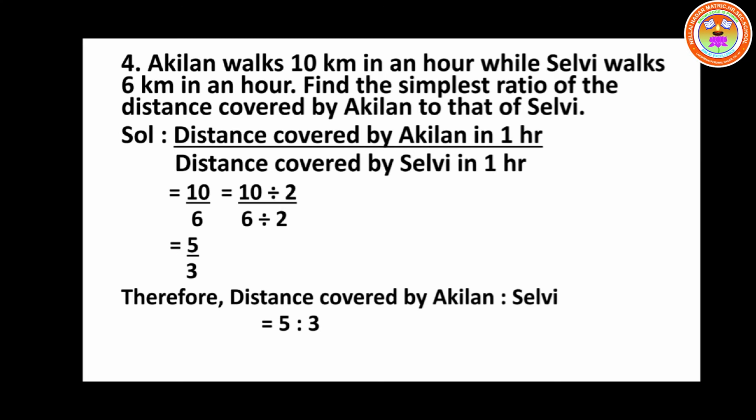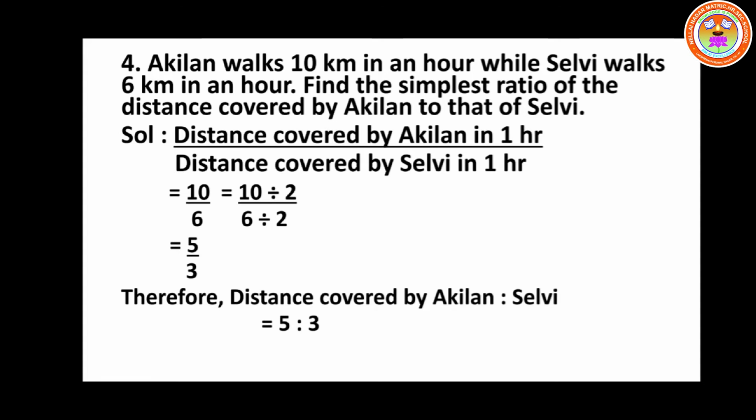Now let us move on to the solution, children. Distance covered by Akilan in 1 hour divided by distance covered by Selvi in 1 hour. Already in the question it is given: Akilan walks 10 km in an hour and Selvi walks 6 km in an hour. So this is equal to 10 divided by 6. Both you can simplify in 2 table.